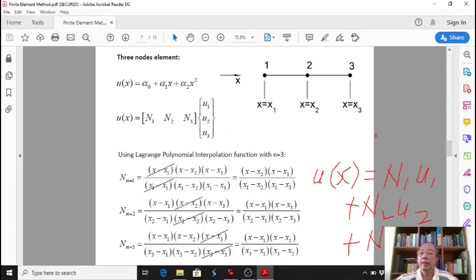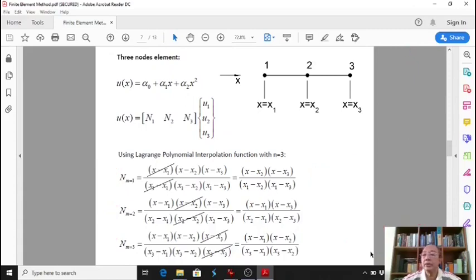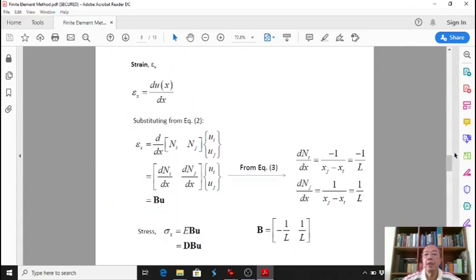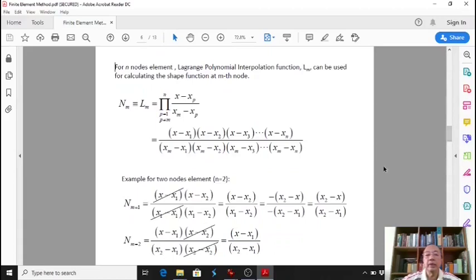Okay, so n1, n2 and n3 we can find from here using the Lagrange polynomial interpolation function. Let's go back to here. So we found this formula.